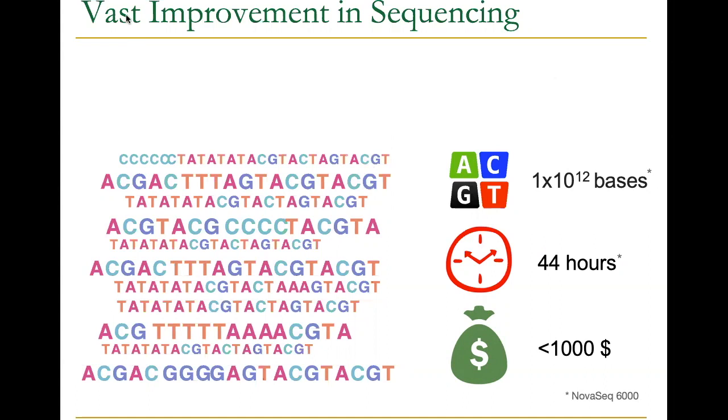But this machine provides very high throughput. It provides a large number of these short sequences in about 44 hours, maybe down to 1 day, depending on the properties you choose. There are a lot of different parameters that you can control to speed it up or slow it down to get more data. And that costs us just less than $1,000 for this wet lab process, which we call sequencing.